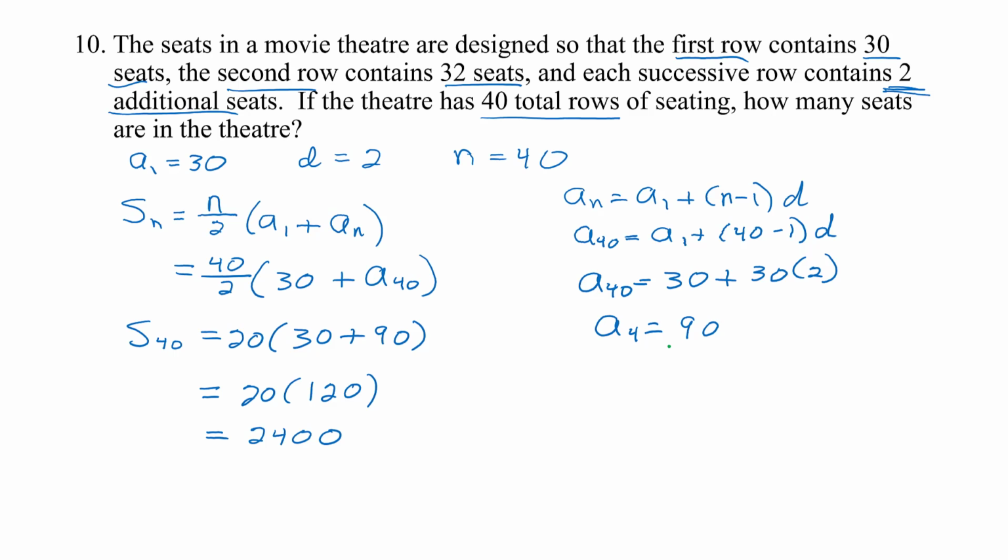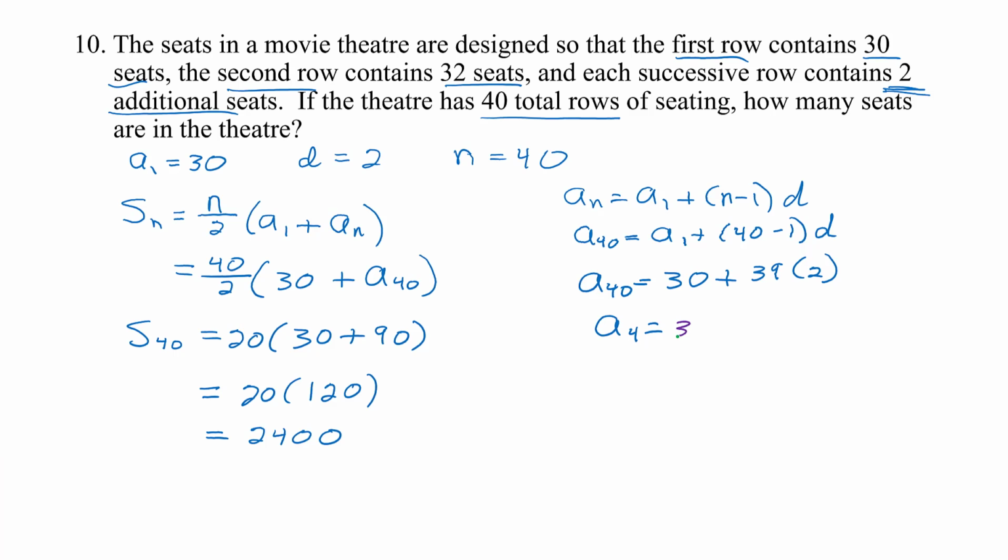Okay, so, oh, I see what I did. Okay, so let's go back here. 40 minus 1 is not 30. What is 40 minus 1? It should be 39. Okay, so we have 30 plus 39 times 2.